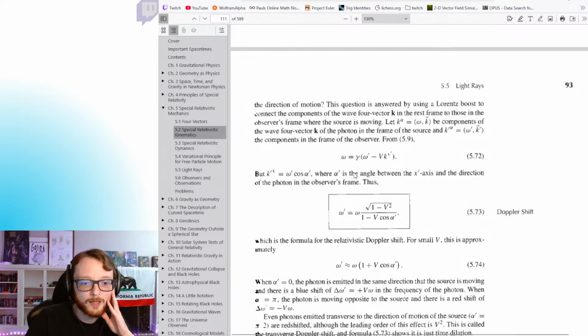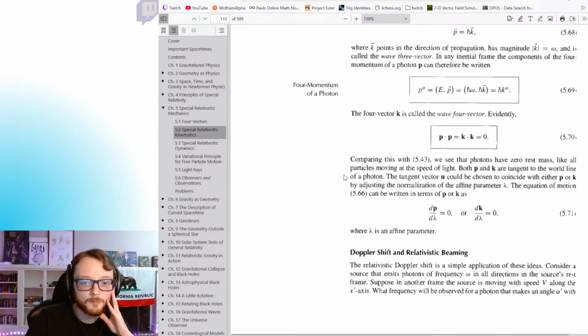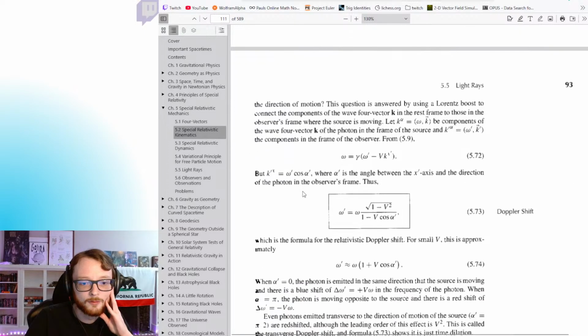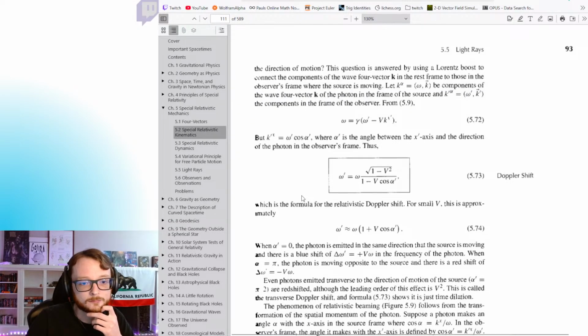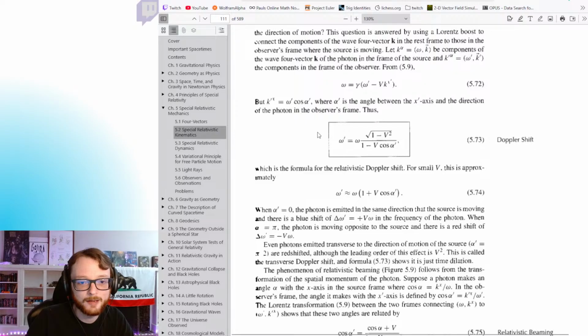Maybe there's some justification with omega being the time component for momentum, and it looks like the equation for time momentum. Yeah, that's where I started. I could follow along the individual math steps, but the concepts are a little bit lost on me.